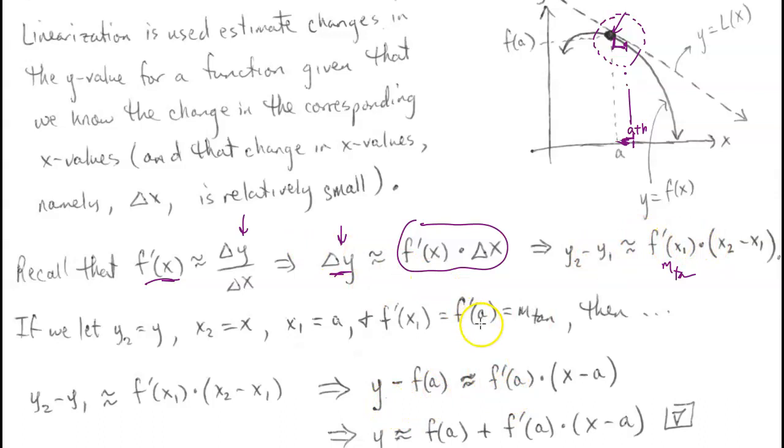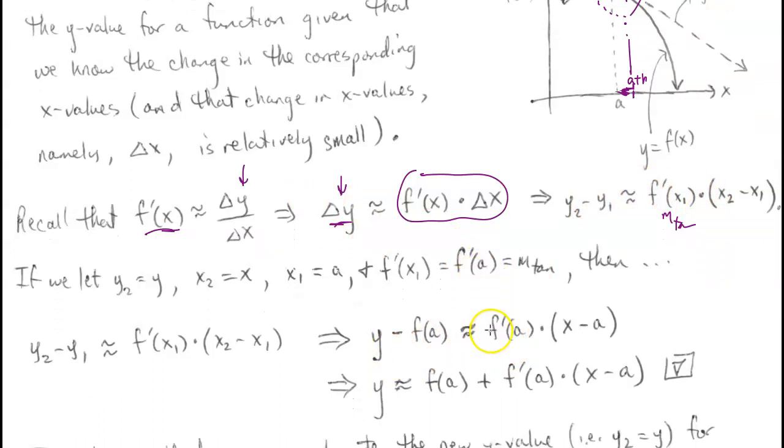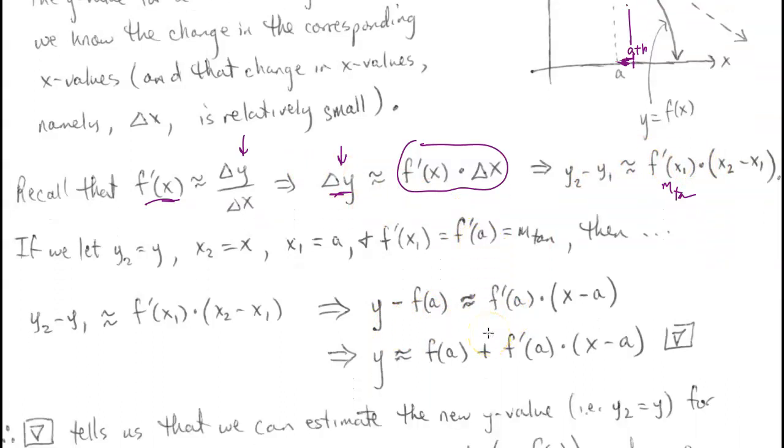Okay. And so, again, you see how this looks a lot like the point slope version of an equation of a line. So if we rename some things here, and here I say let y sub 2 just be y, let x sub 2 just be x, let x sub 1 be a, and let f prime of x sub 1 be f prime of a.